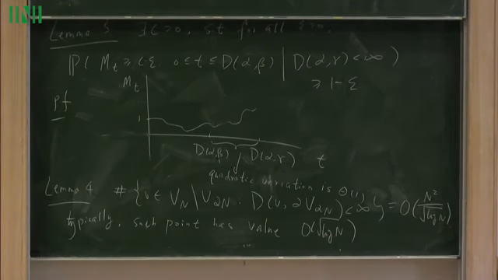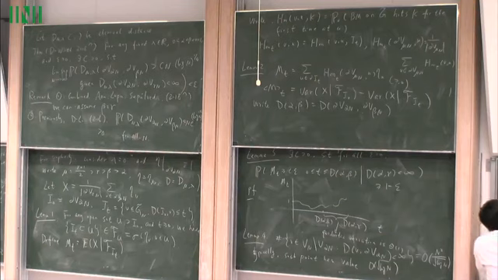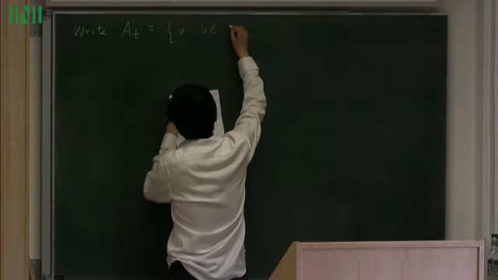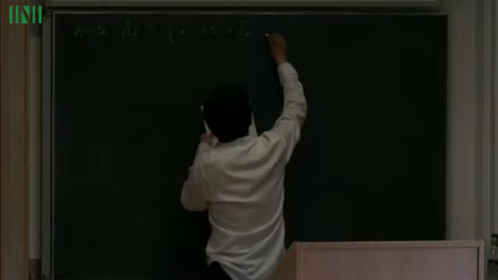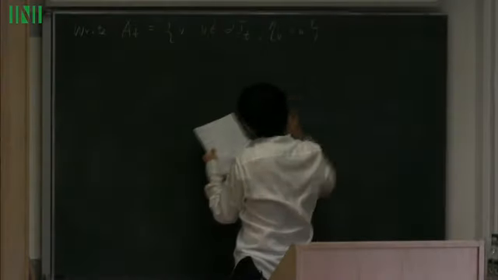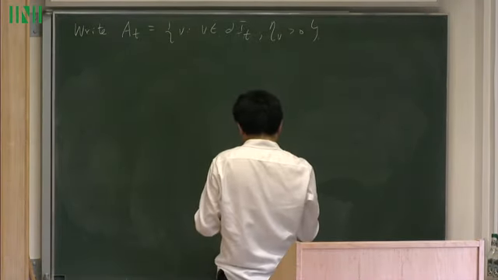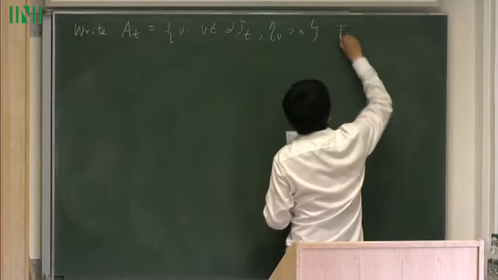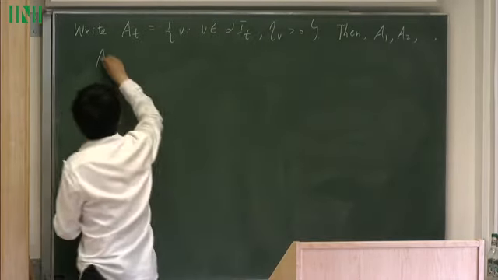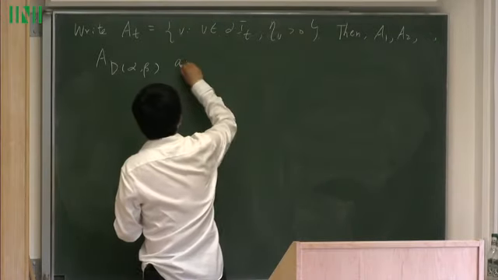Okay, I try to finish the argument here. Write A_t to be all the points that have ever been the boundary, and also the point is positive. Then A_1, A_2, and so on up to A_{alpha beta} are disjoint.